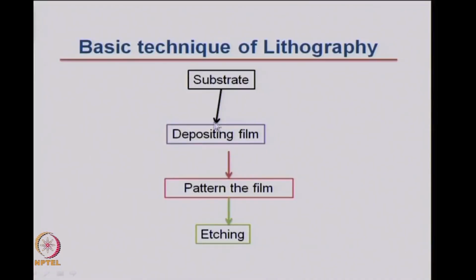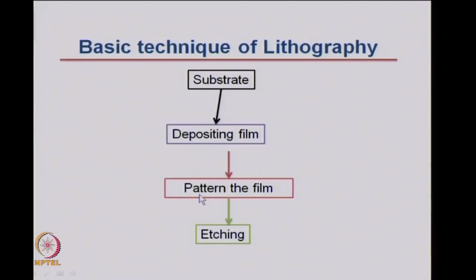Then you want to deposit a film on the substrate, and you should be able to pattern that film. One of the properties of this film is that it should be something where you can make some impression, or where you can remove some parts of the film easily, so that it leaves behind a pattern. So, you start with a substrate, then deposit a suitable film, then you pattern the film.